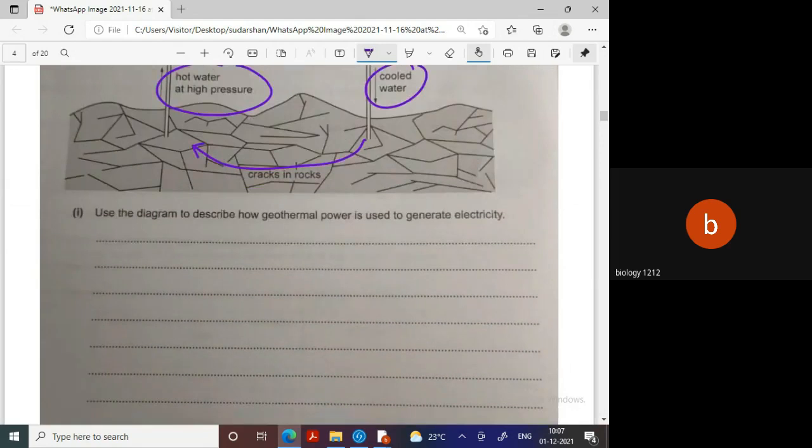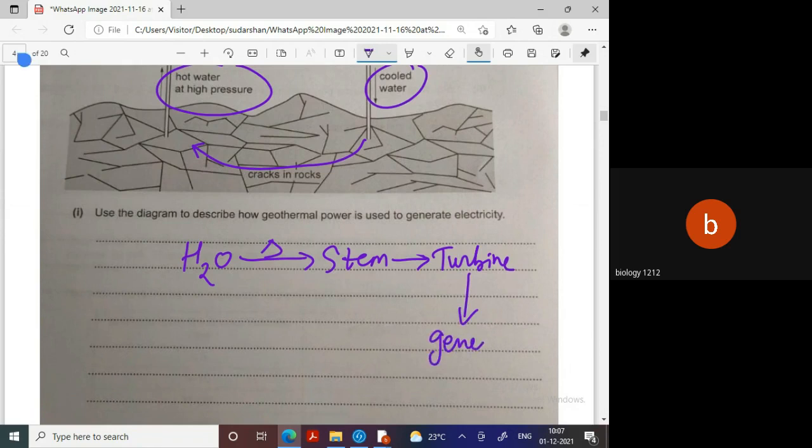So what you have to show? Water is heated, with a symbol for heat, and converted into steam. Steam is turning the turbine. The turbine is connected with the generator, and the generator produces electricity.